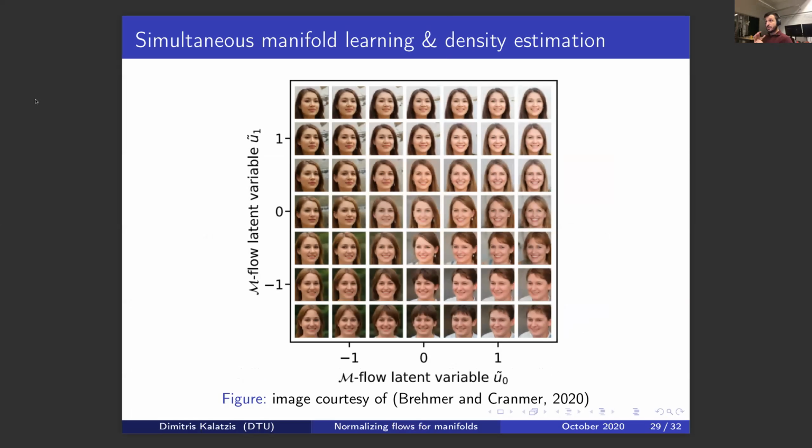An advantage of this construction is that we can plug in known flow architectures that we know work for natural images to estimate densities on natural image manifolds. And this is shown in the image that you see.